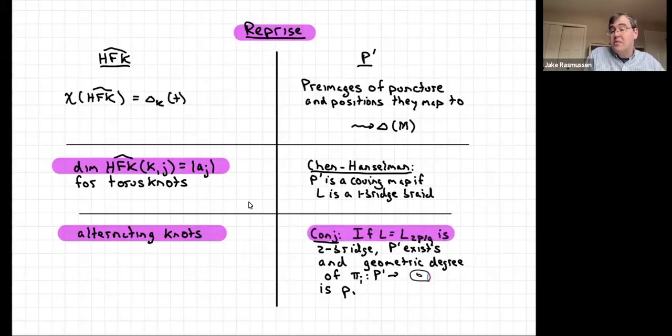Well, maybe an analog of that statement is the conjecture that if I give you a two-bridge link, then this P prime exists as a geometric surface. And actually, not the algebraic degree, that's given by the linking number, but the geometric degree of this map is exactly given by half the determinant of my two-bridge link. Okay, so I'm out of time, so I'll stop here.